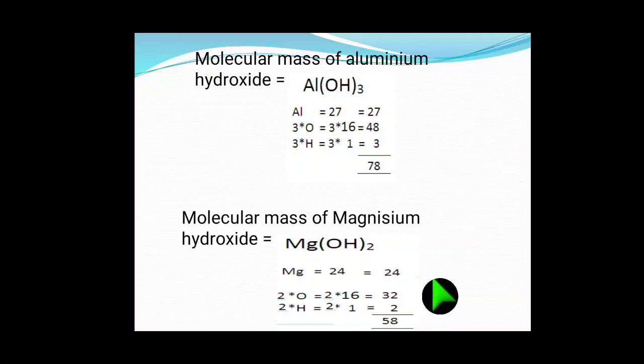So aluminum hydroxide has molecular mass 78 and magnesium hydroxide 58.